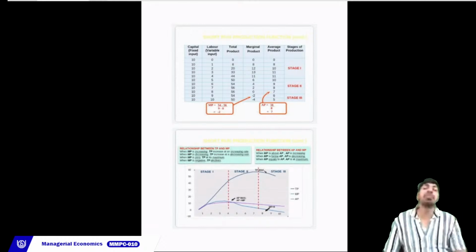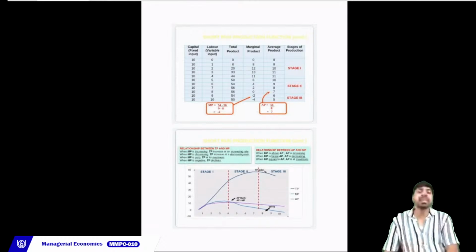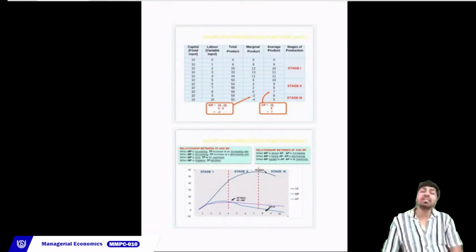So this diagrammatic or tabular representation states that as more and more variable inputs are used, while considering the other inputs constant, the total output increases at a diminishing rate.